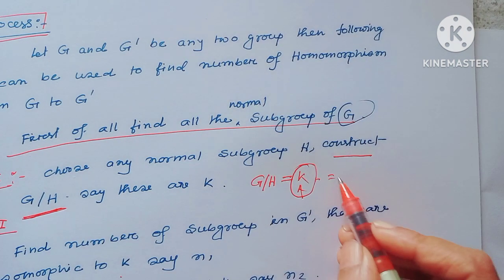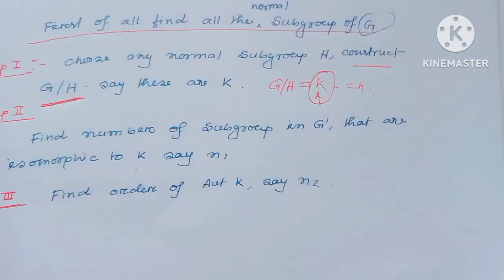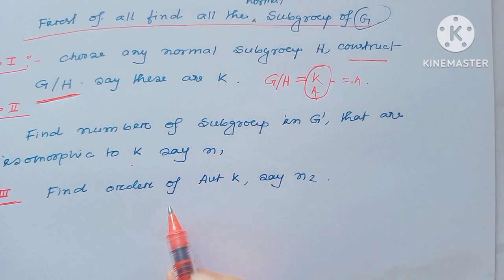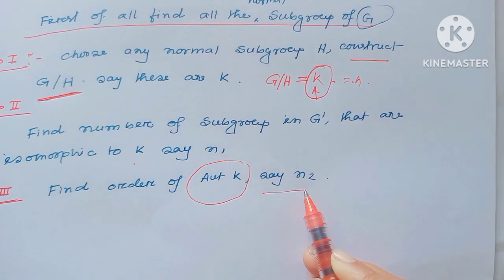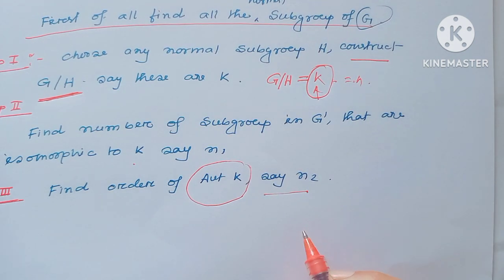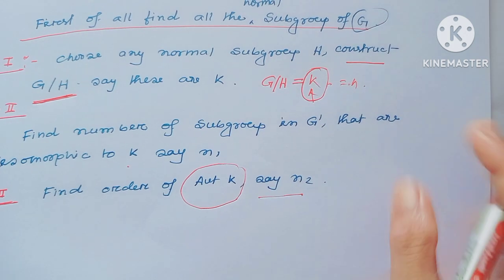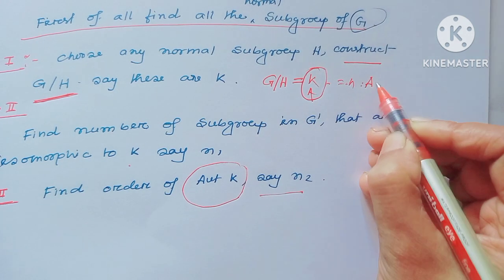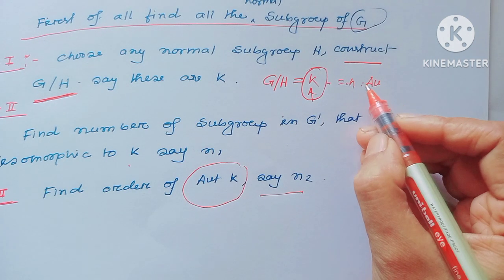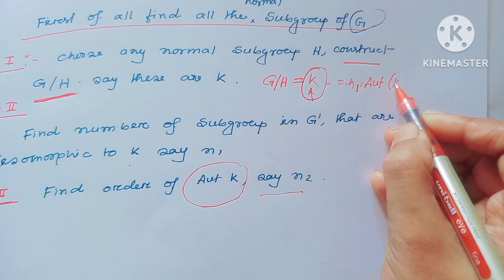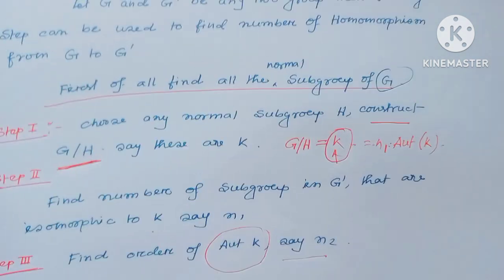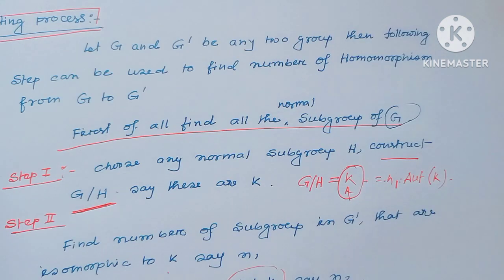Consider this is N1. Then we have to find the order of the automorphism group of K. Say this is N2. Then the number of homomorphisms would be N1 times the automorphism of K. This is the shortcut trick to count homomorphisms from any group to another group.